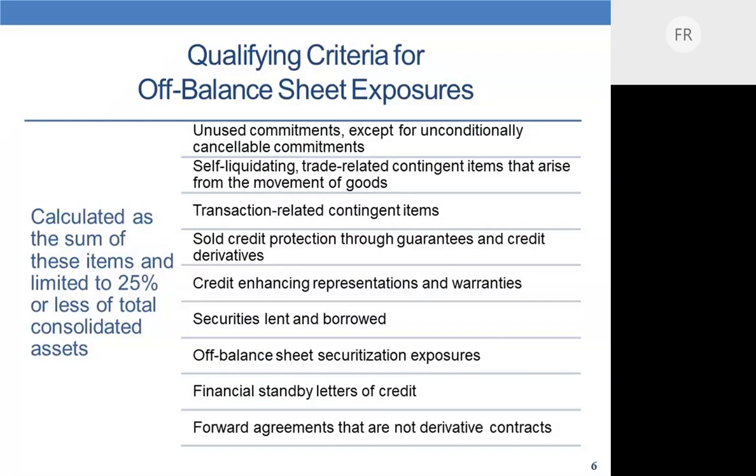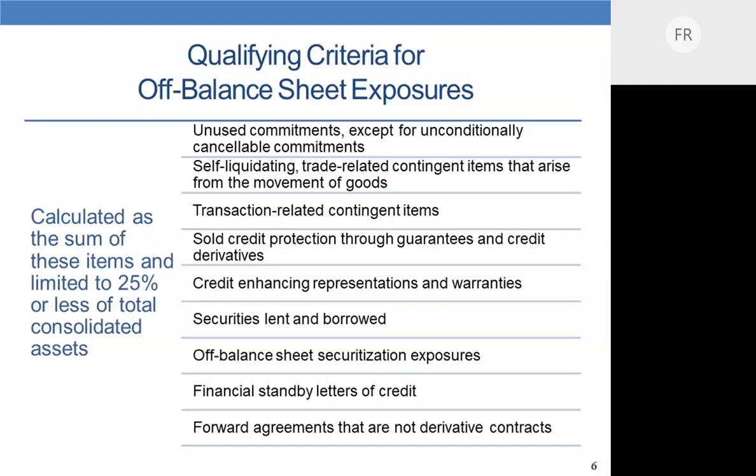These activities include unused commitments, except for unconditionally cancelable commitments, self-liquidating trade-related contingent items that arise from the movement of goods, transaction-related contingent items, sold credit protection through guarantees and credit derivatives, credit-enhancing representations and warranties, securities lent and borrowed, off-balance sheet securitization exposures, financial standby letters of credit, and forward agreements that are not derivative contracts.